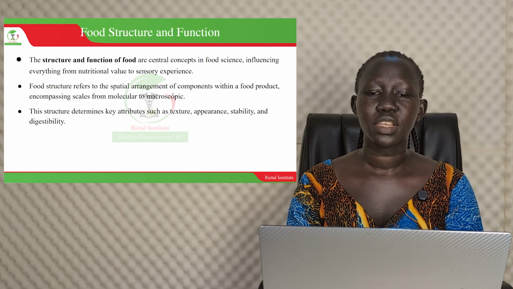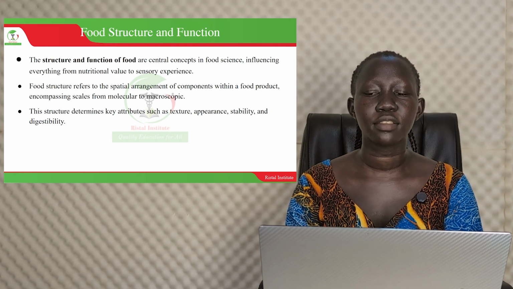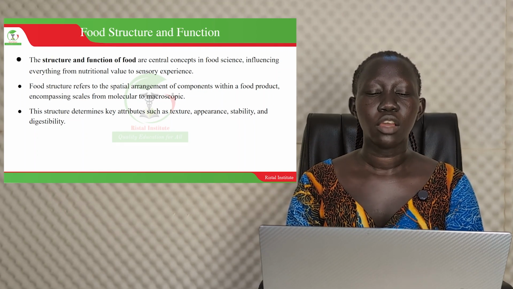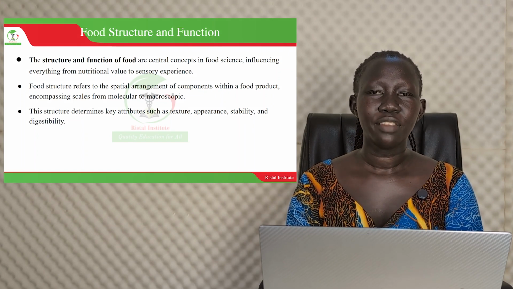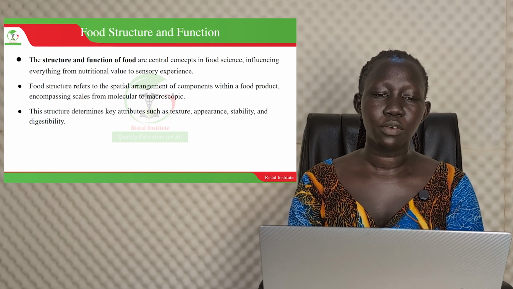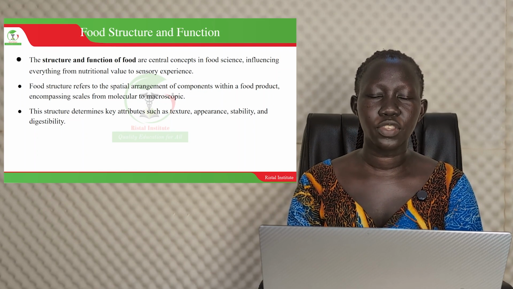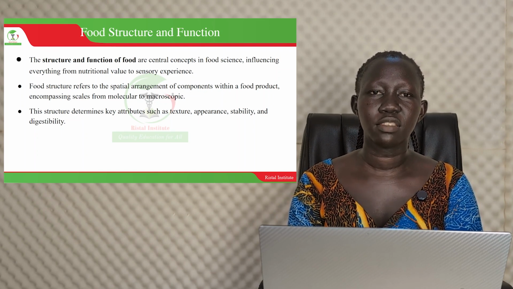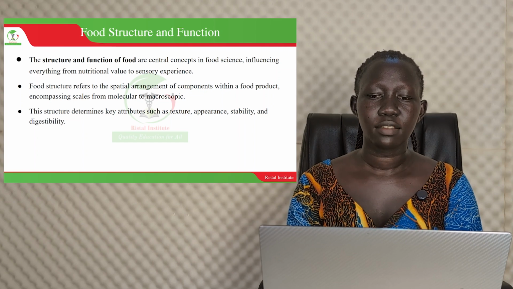Food structure refers to the spatial arrangement of components within a food product, encompassing scales from molecular to macroscopic. So it involves the way the food substance is arranged, the structure and the spatial arrangement of this food substance, how this food substance is shaped, the size.